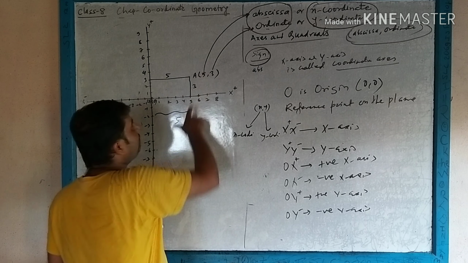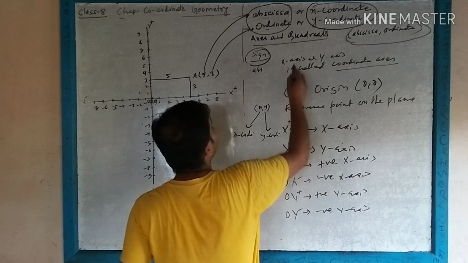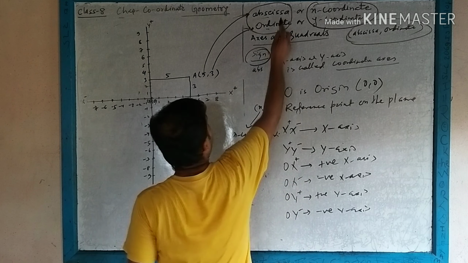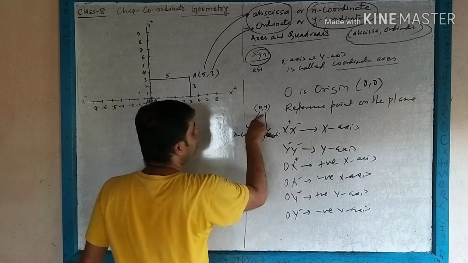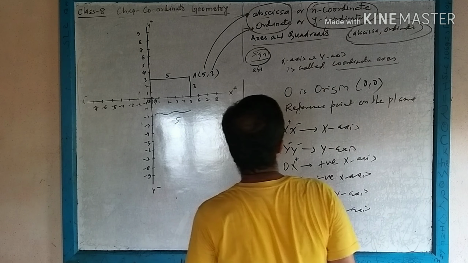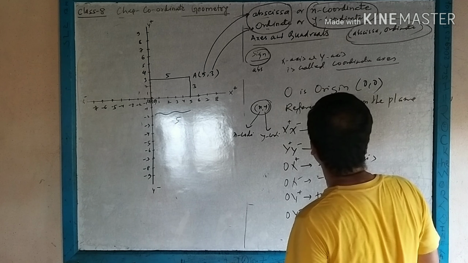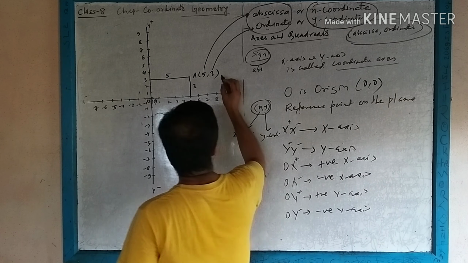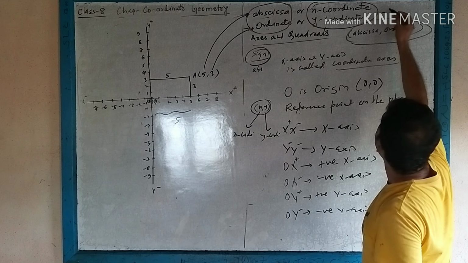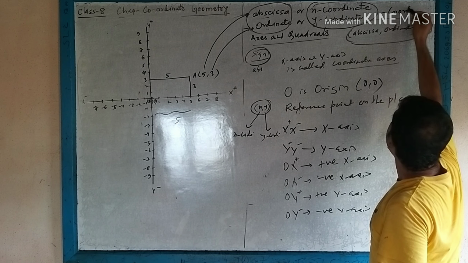And this combination of abscissa and ordinate, this combination of x and y, is called coordinates.